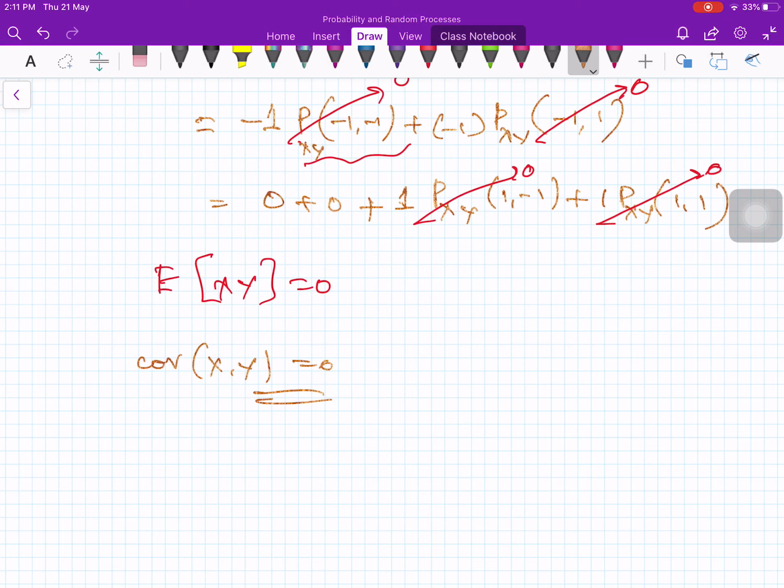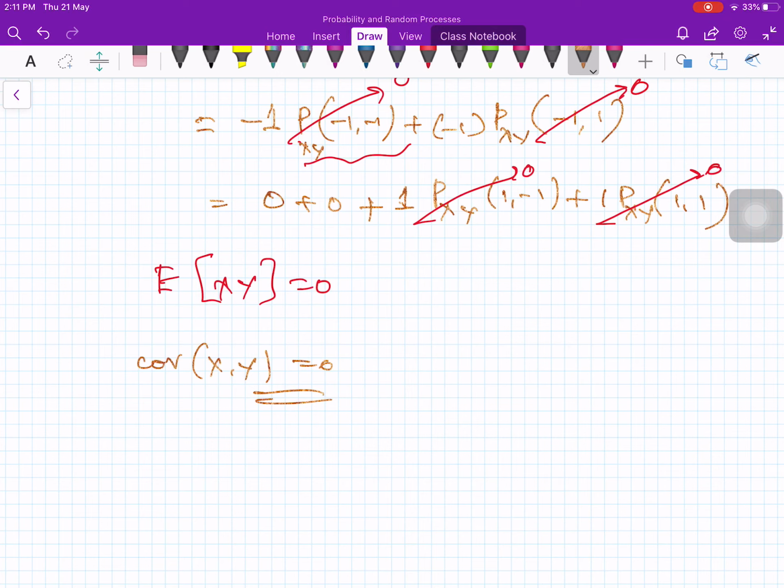Then, assuming x and y are discrete, the total expectation theorem implies that E of xy is equal to the summation over y of y times p_Y of y times the expected value of x given y equal to small y. Now we know that this is E of x.